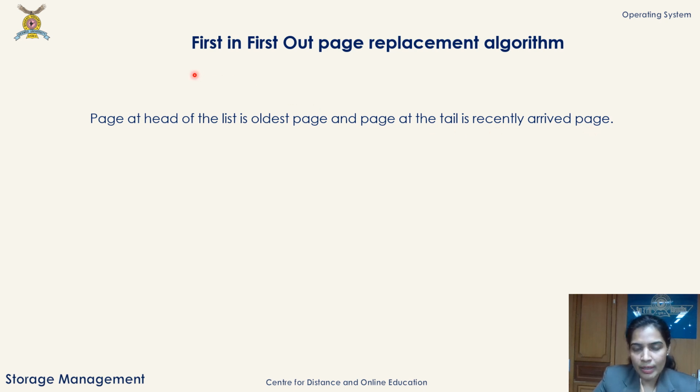So it works according to the first in, first out criteria. The new page is added at the end of the list. The major problem with this algorithm is that it may remove a page which is heavily used but came early. The page has come early but it is heavily used, and still according to this algorithm that page will be replaced. So it is the first in, first out algorithm.